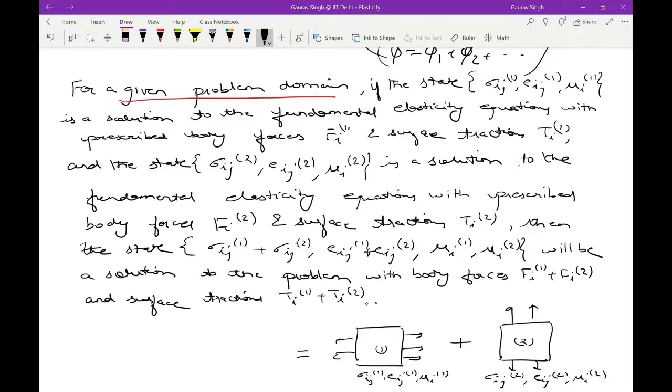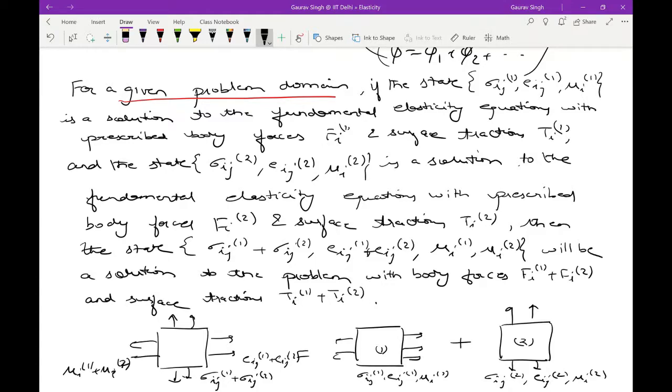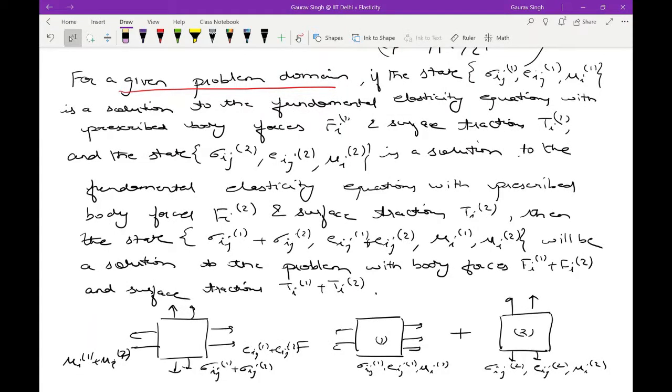Then if you have a combined loading, any point inside this solid will have the stress as given by this, strain as given by this, and displacement as given by this. Okay, so this is the principle of superposition. How is this helpful?